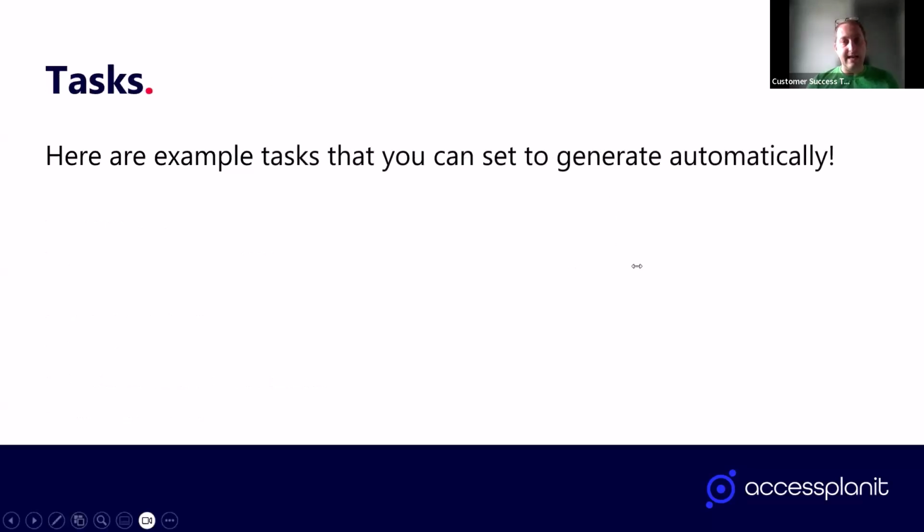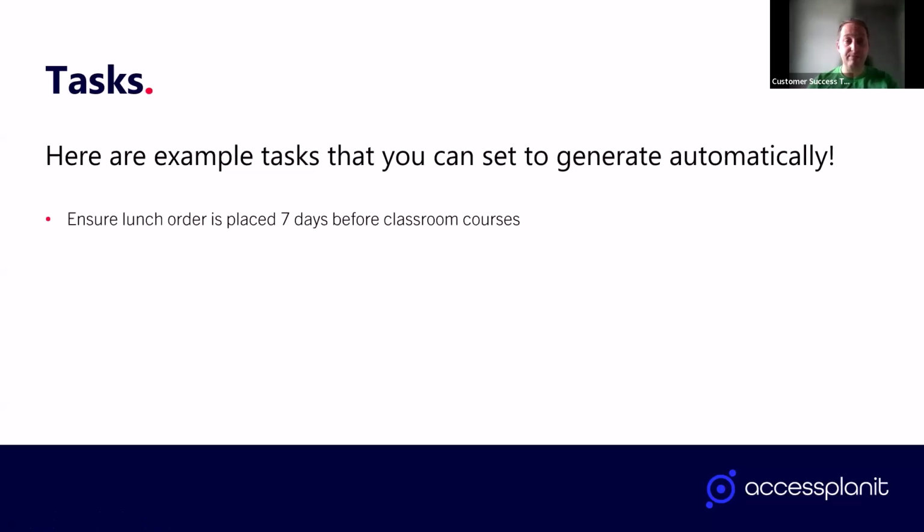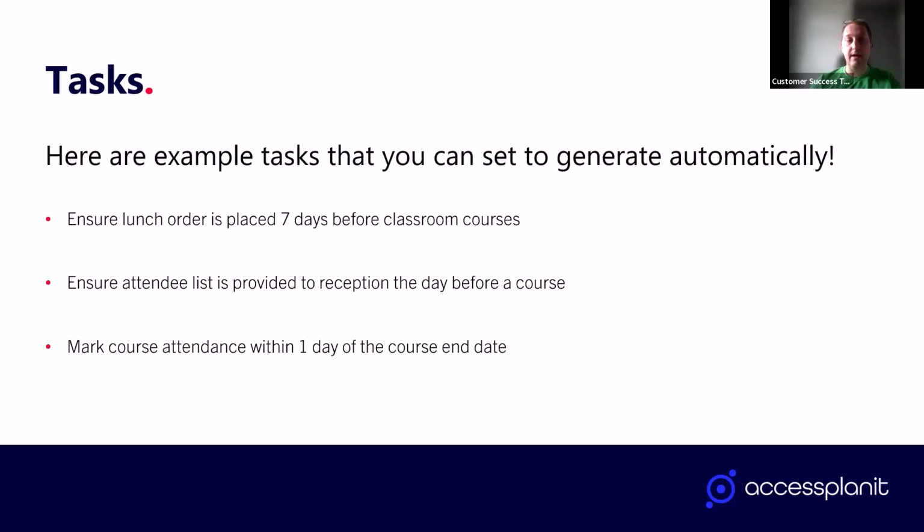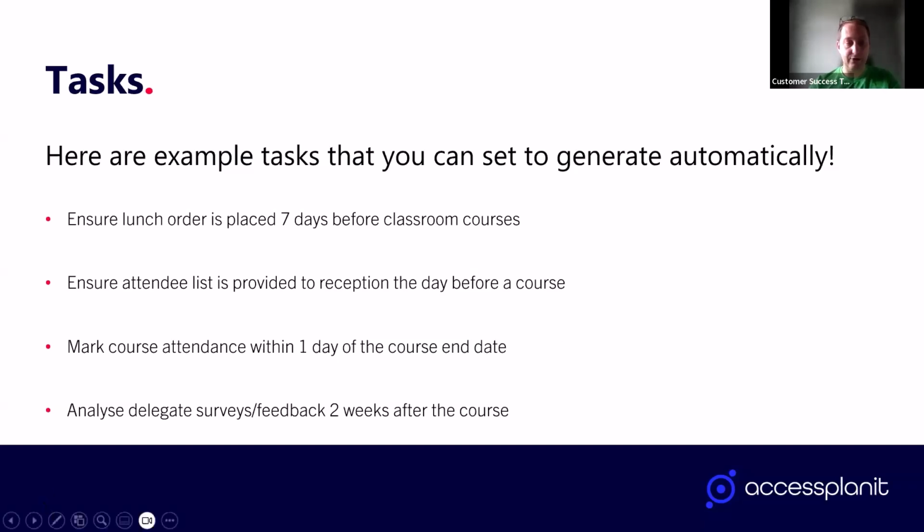We'll look next at tasks. So this is some examples of things that you can automate with tasks. Ensure a lunch order is placed 7 days before a classroom course. Ensure that the attendee list is provided to reception. Mark course attendance within 1 day of the course end date. And finally, analyze delegate surveys or feedback 2 weeks after the course.